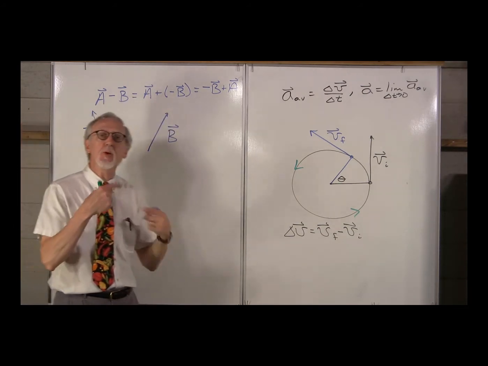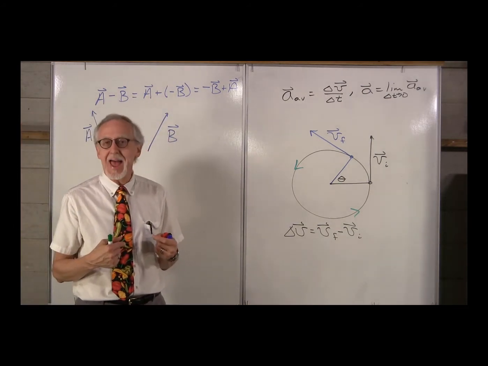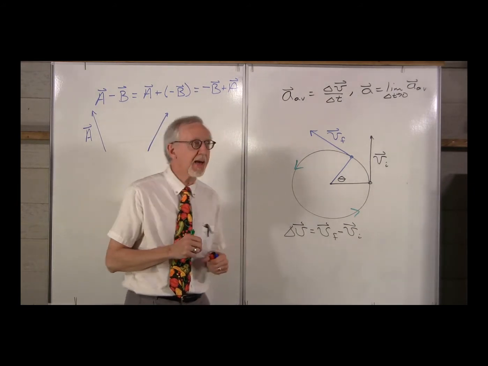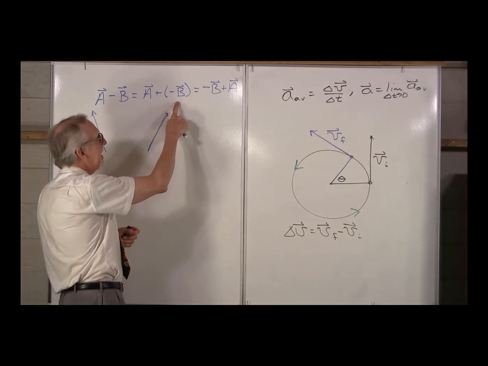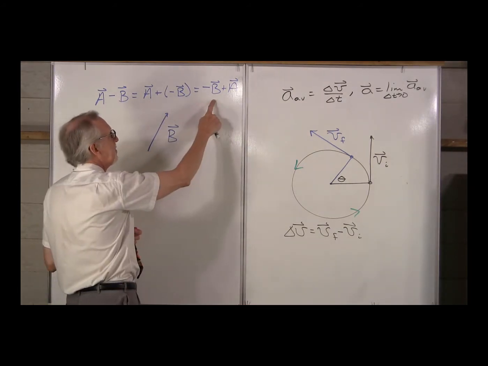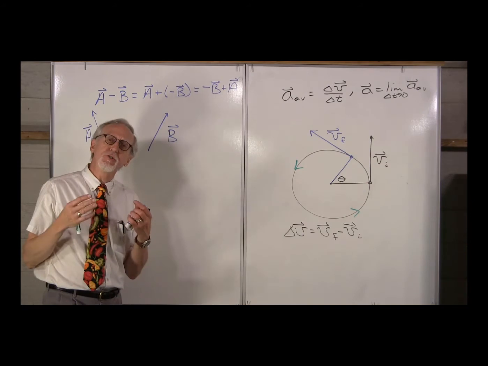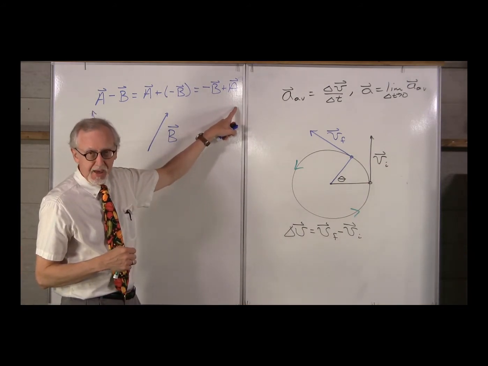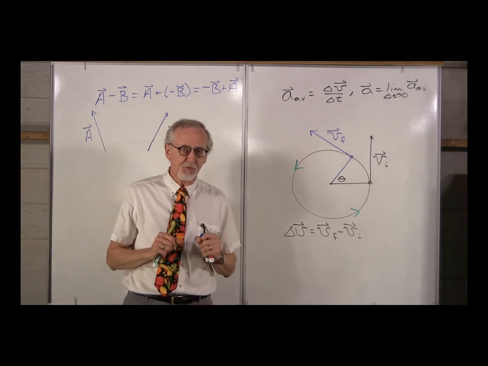And then, because we can switch the order when we're adding vectors, the vector x plus y is the same as y plus x, a plus negative b is the same as negative b plus a. So to subtract 2 vectors, we're going to figure out what is negative b plus a. We're adding those 2 things.